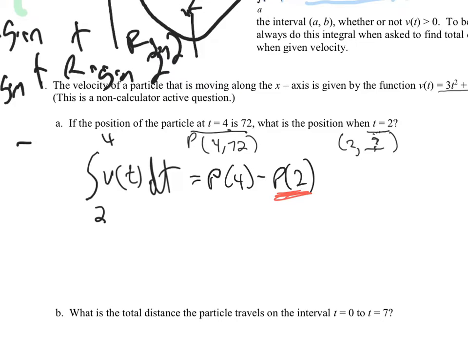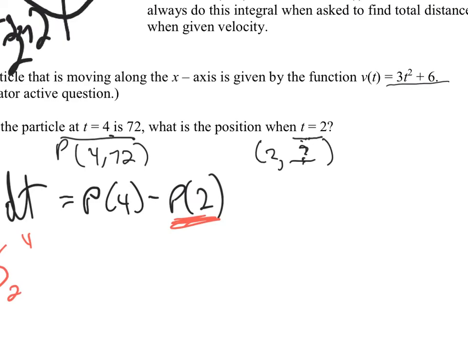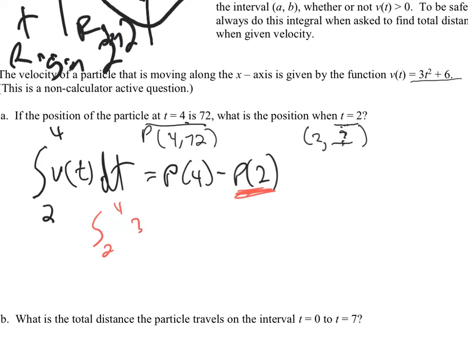So let's plug in everything I have. It's going to look like this. Integrate from 2 to 4 of 3t squared plus 6 dt will equal, and I can calculate that in just a second by hand, P of 4, my position at 4, which was given to me as 72, minus P of 2, which is what I'm looking for.